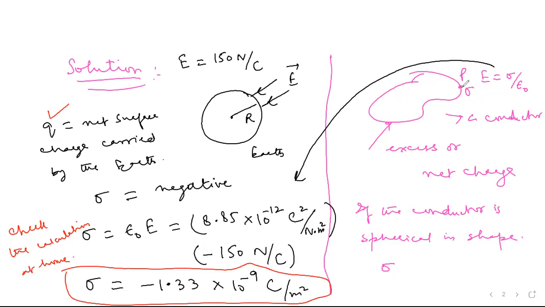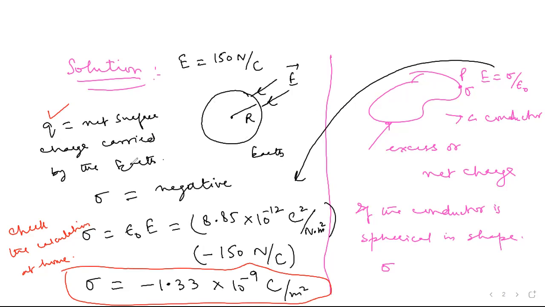Now suppose at a certain point P of the surface, the surface charge density is sigma, then the electric field just outside that point is sigma by epsilon naught, and that is perpendicular to the surface. If the surface charge density is positive, it is the outward normal. If it is negative, it is the inward normal. Now we assume the Earth to be a conductor. It has a certain radius. The electric field just outside the surface is given. It is directed inward, perpendicular to the surface, and we know lines of force terminate at negative charges.